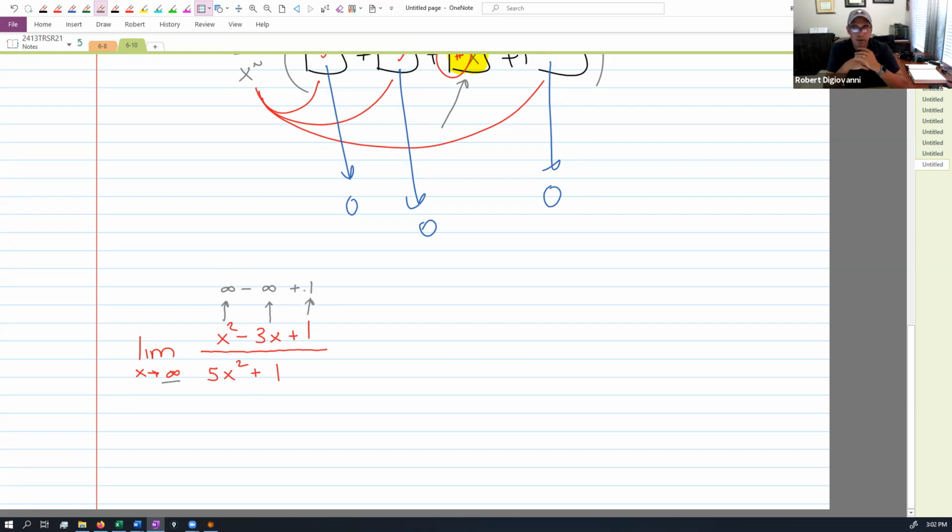Mhm. Okay, we've run into our first problem, our first kind of weird situation with this type of limit. And that is this, Marissa: infinity take away infinity.